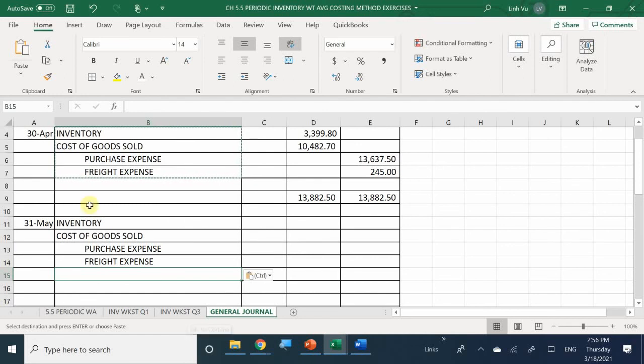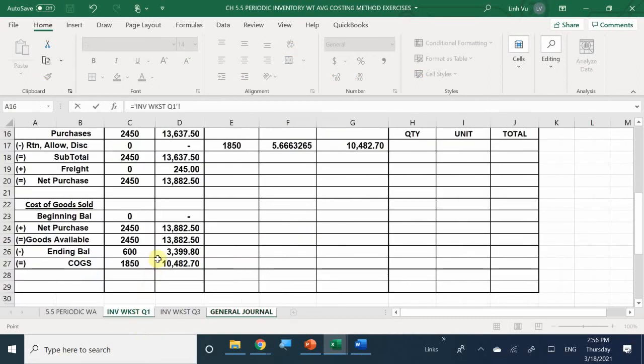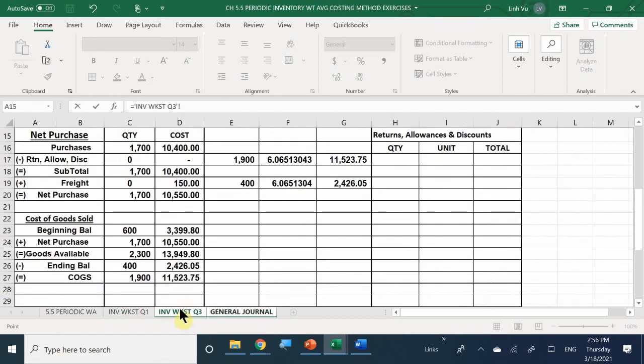Inventory again. Yes, I need to have inventory once again because this time I'm dealing with beginning inventory, and I'm essentially trying to get rid of my beginning inventory. So here, what are my numbers? What was my ending inventory? 11,523.75 is the cost of goods sold.